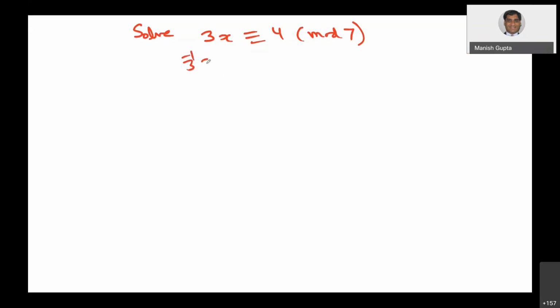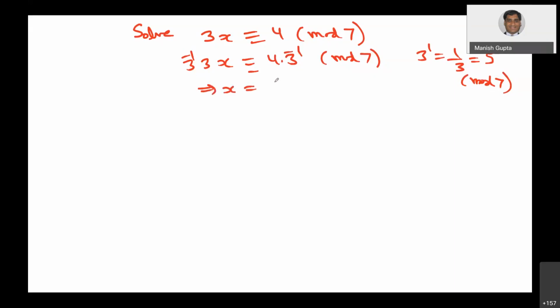I can multiply by 3 inverse on both sides: x is equal to 4 into 3 inverse mod 7. 3 inverse is equal to 1 by 3, which is 5 mod 7. So x is equal to 4 into 5 mod 7, which is nothing but 6 mod 7.